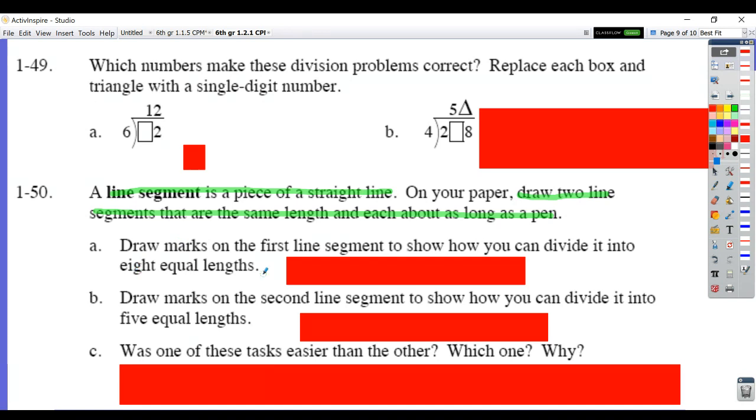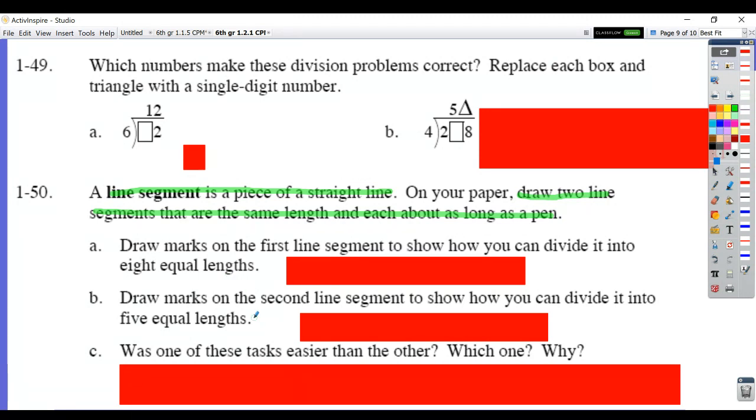So how could you divide a line segment into 8 equal lengths? Part of what they're getting at here, especially if you're doing it without a ruler, is that the best way to get a good approximation is to first divide it in half, because half is fairly easy to estimate, and then divide those halves into halves, and so on until you get to 8 equal parts.